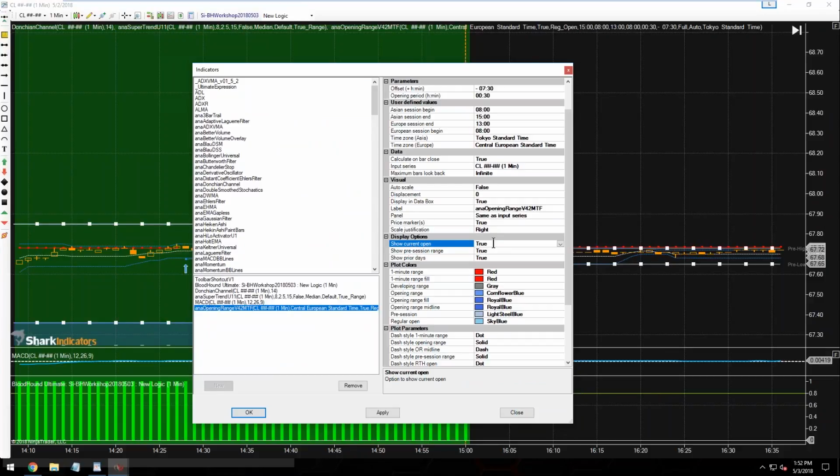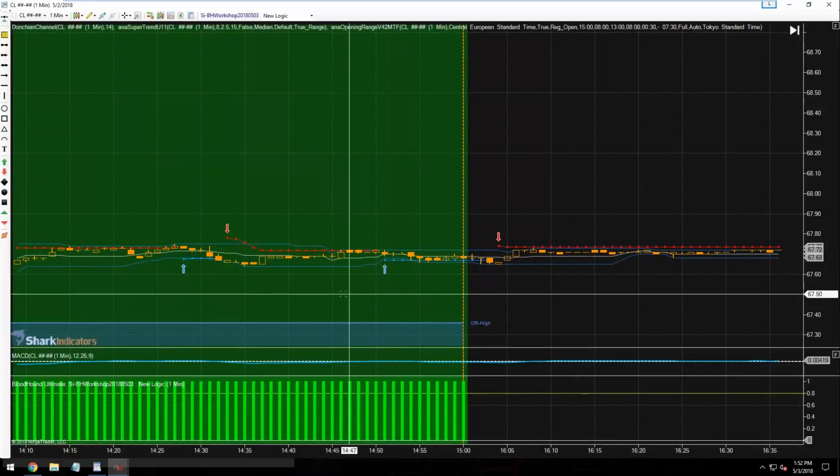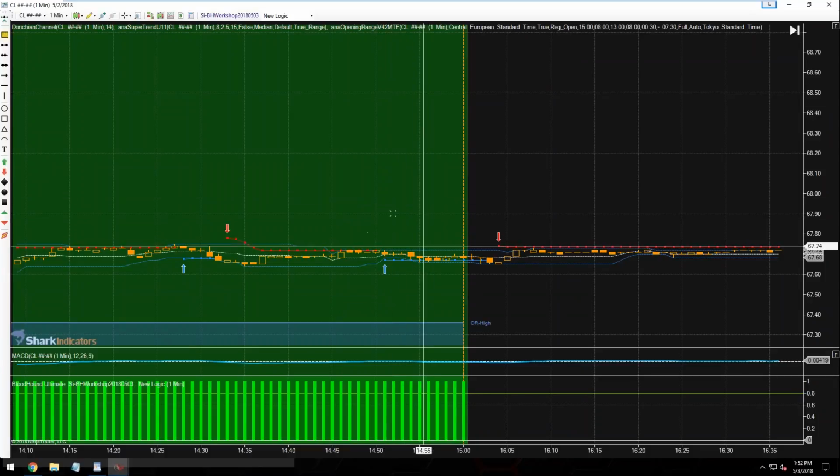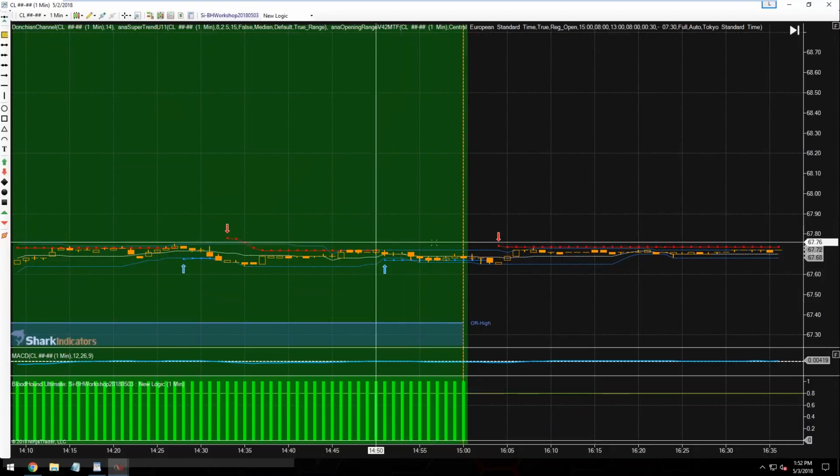Show current open, no. Pre-session range, no. Prior days, yes. Okay. All right, there. I wanted to turn off that other plot here that said something like open range open.